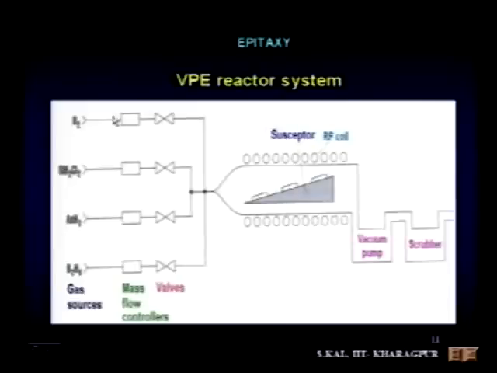And another is a carrier gas, that is hydrogen, which is always used as carrier gas. You cannot use any neutral gas like nitrogen, because nitrogen will form nitride, and oxygen should not be there at all. So it's always hydrogen, and hydrogen will help in the reduction reaction, it is the reducing agent. So that's why in all the epitaxial processes we use hydrogen as a carrier gas.